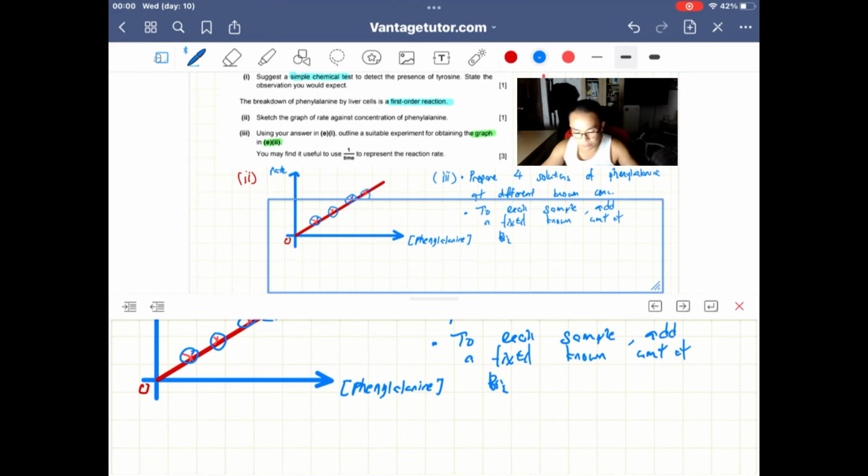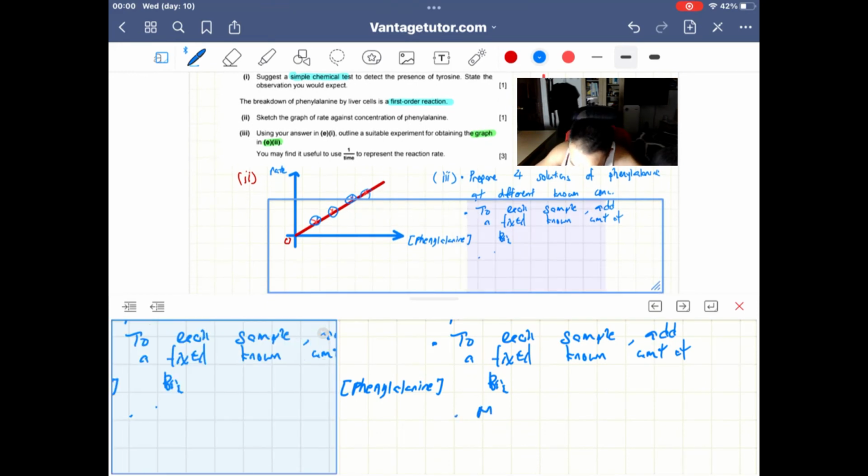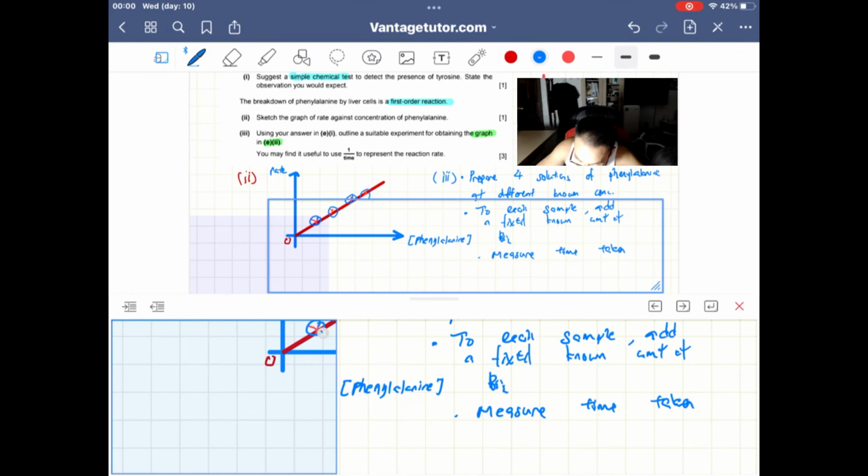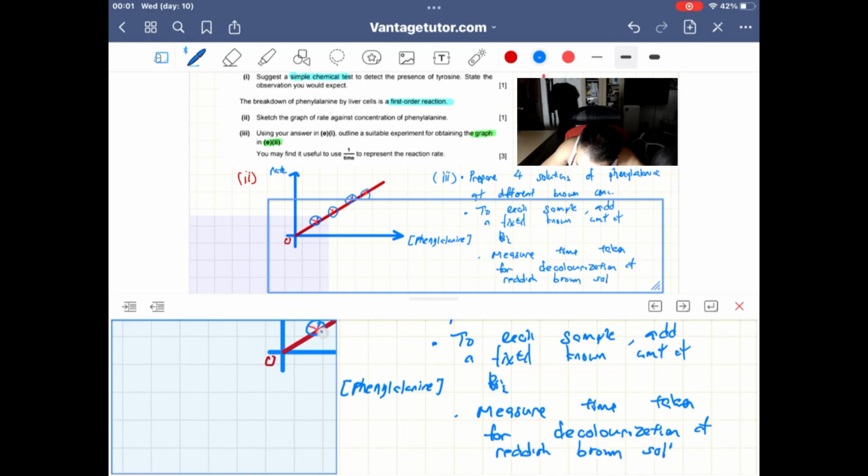Of course you can use your FeCl3, and then subsequently I just need to measure time taken for decolorization of my reddish brown solution.